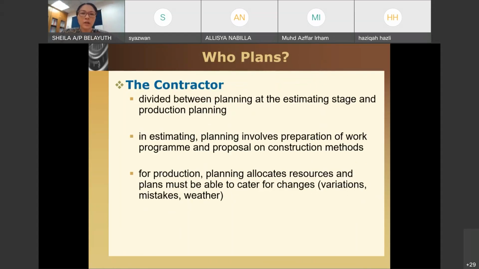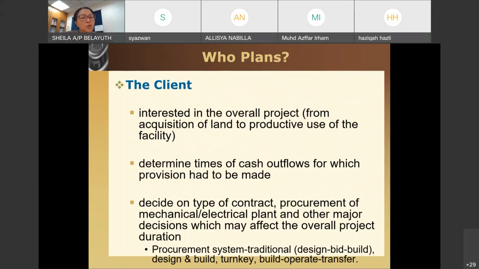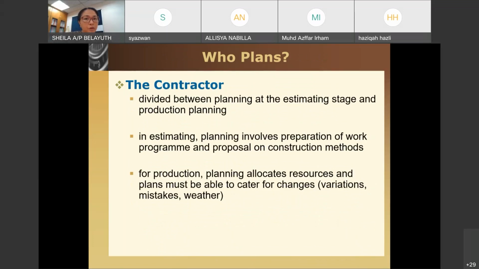Okay, so in general, the main parties who plan would be the client, the designers, and the contractors. Except for the contractors, there would be two stages that they plan, whether it's at the estimation stage or at the production planning stage.